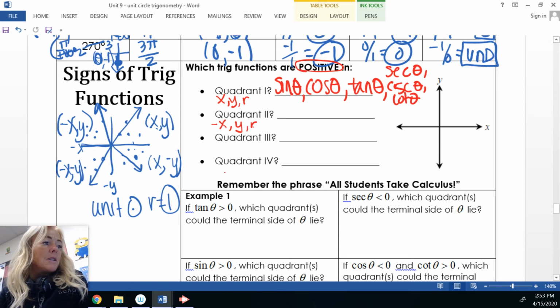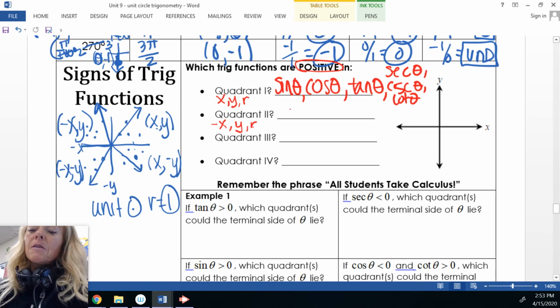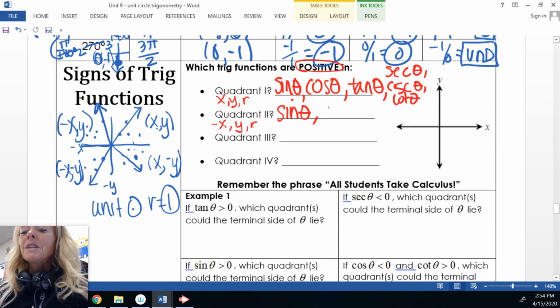Y over r is sine, opposite over hypotenuse, and then r over y is cosecant theta, and it will also be positive, its reciprocal.